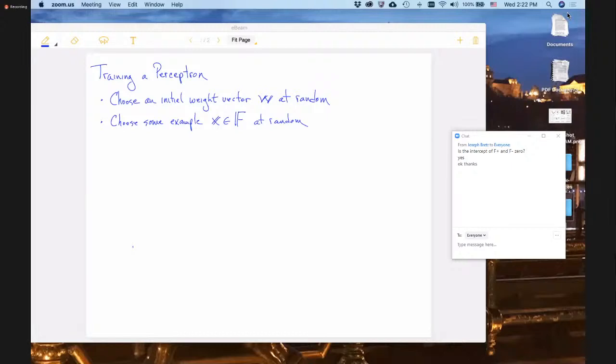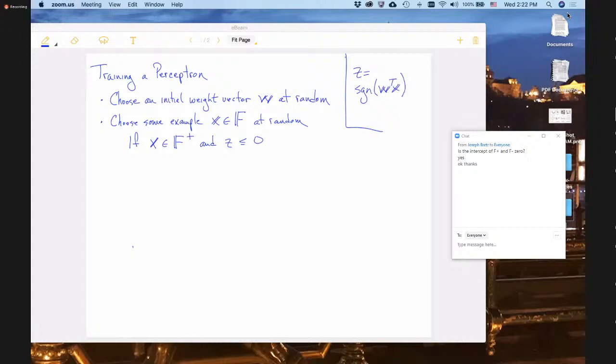All right. Now, if X is a positive example, and Z, and you'll recall that we said that Z is equal to the signum of the inner product, and Z is less than or equal to 0.